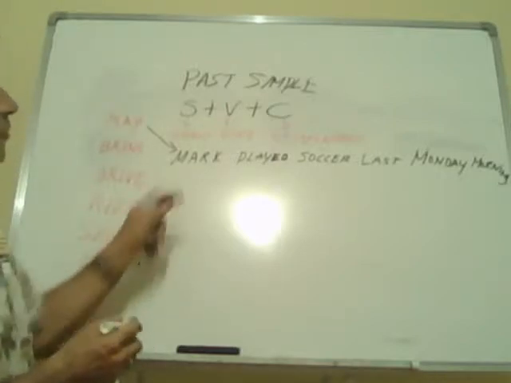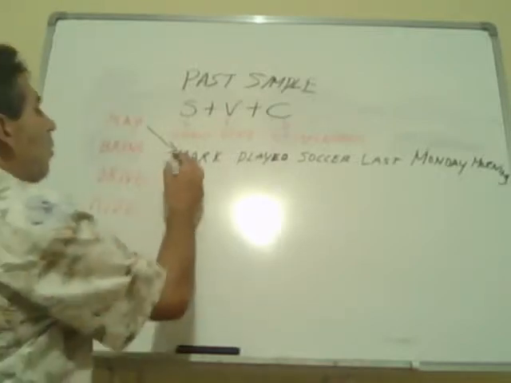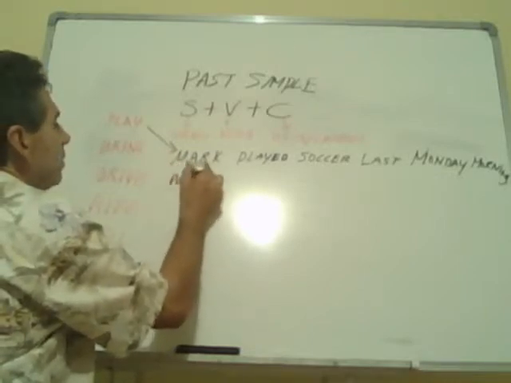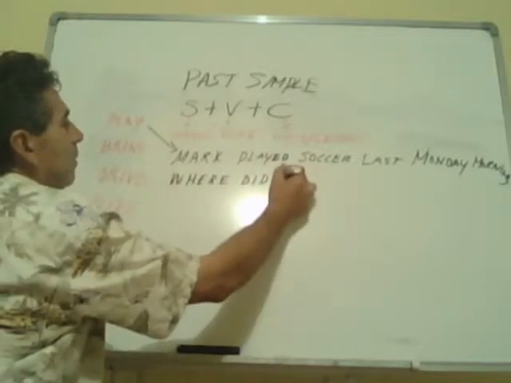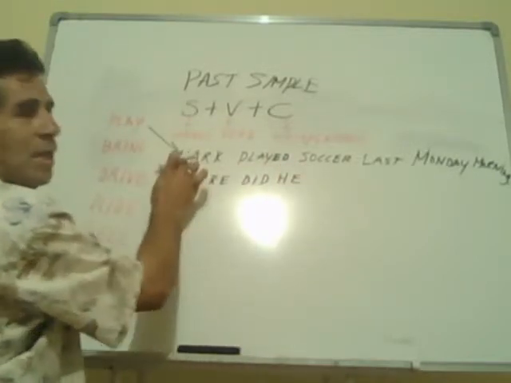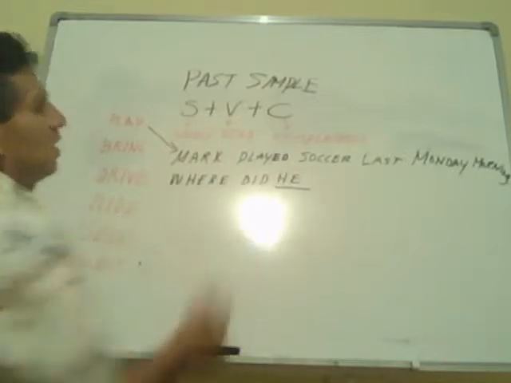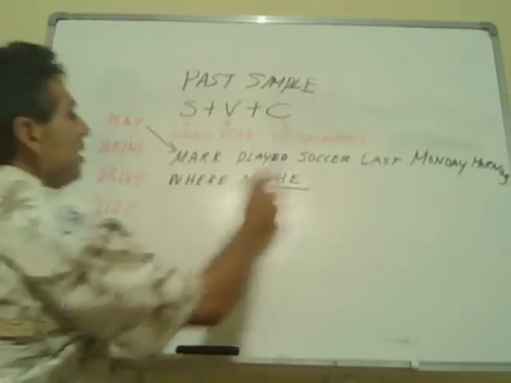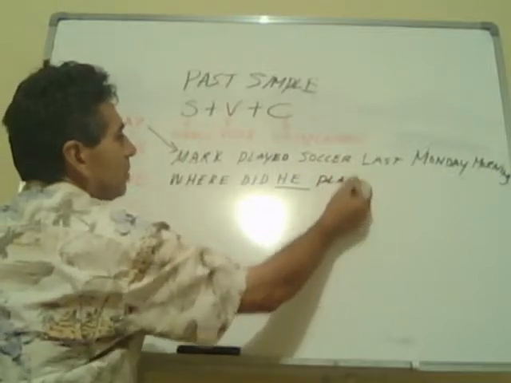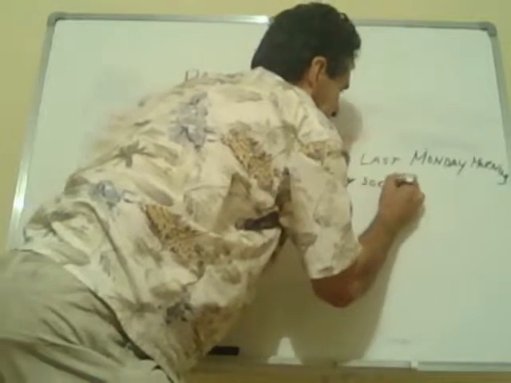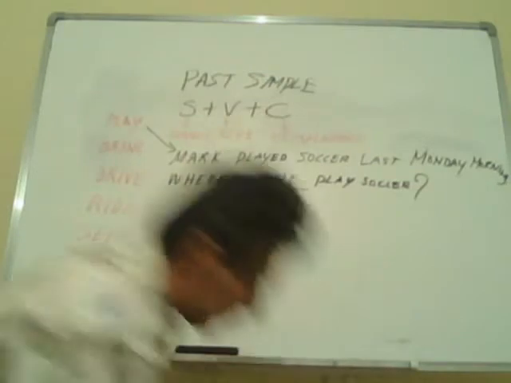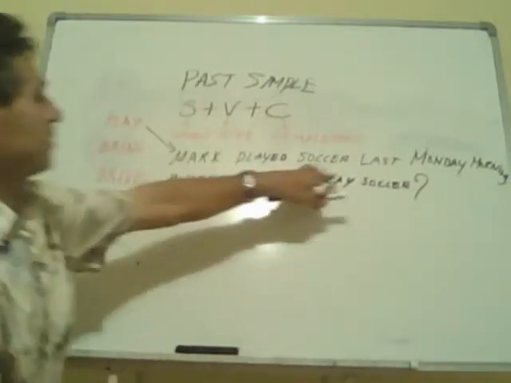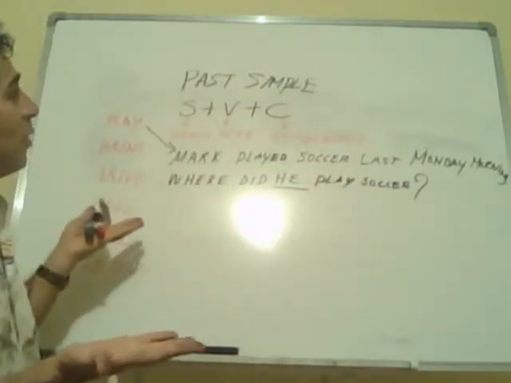What would be the question for this statement? Where did he, you don't have to put the name all the time. You can use a pronoun like he. Where did he play? Where did he play soccer? Okay? So, the answer is, we don't know actually where he played soccer.